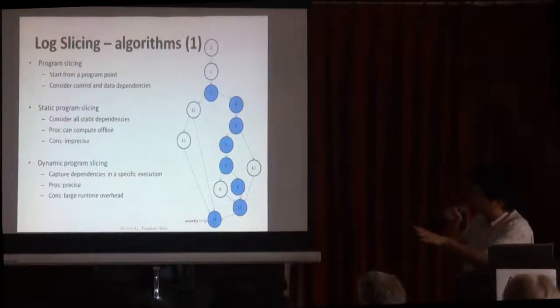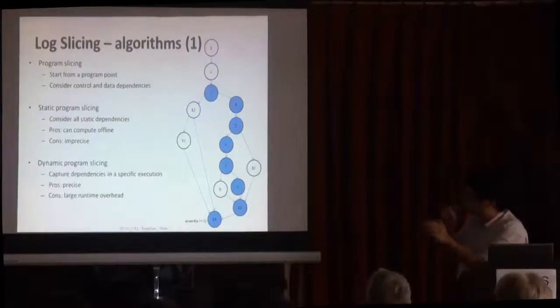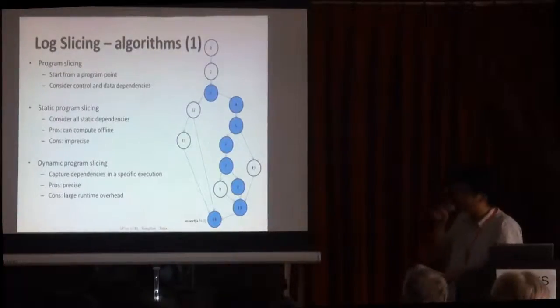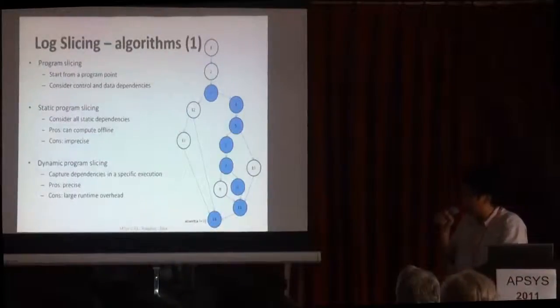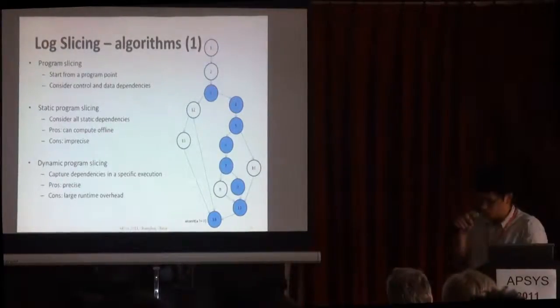But it is only relevant to a specific execution. Also, in order to do dynamic program slicing, we usually have to record a complete execution trace. If there are loops, significant runtime overhead will be incurred.